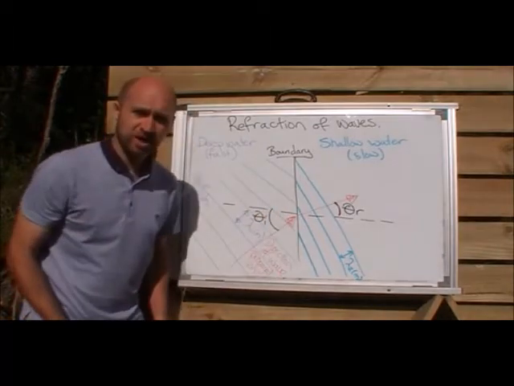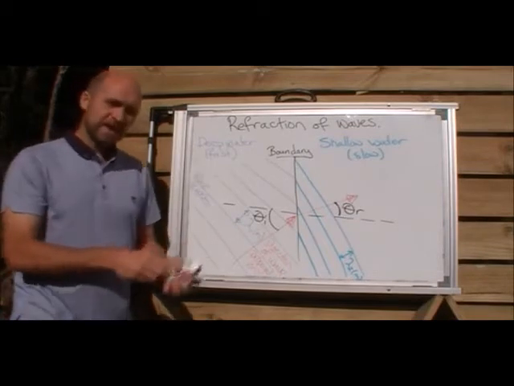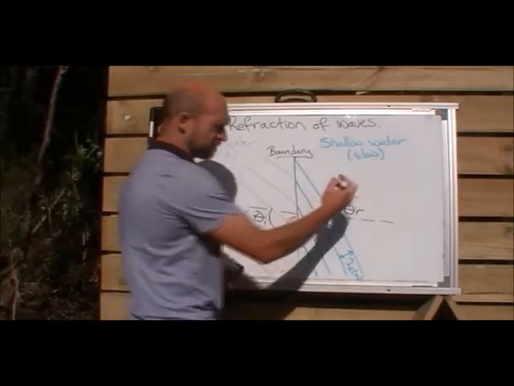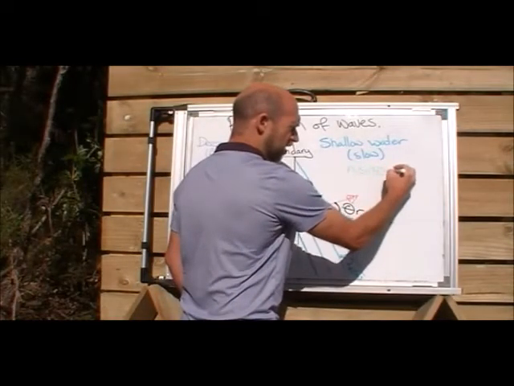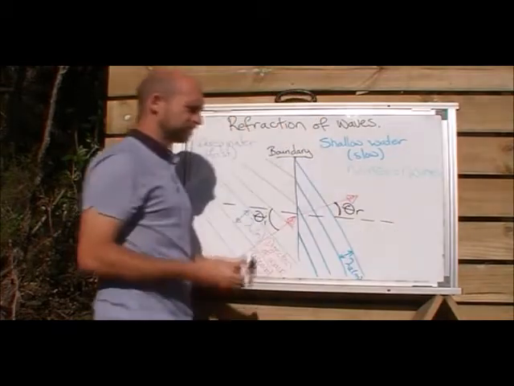We've got a theta I and a theta R, just like before, but the maths for this situation is a little bit different. You might remember that we used N1 sine theta I equals N2 sine theta R.